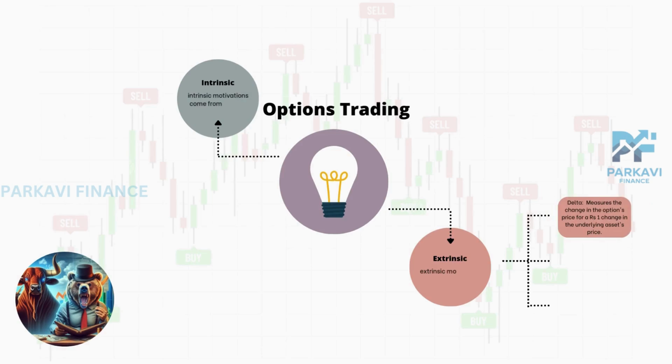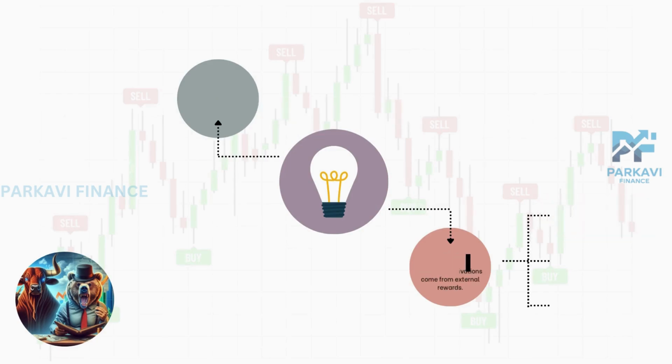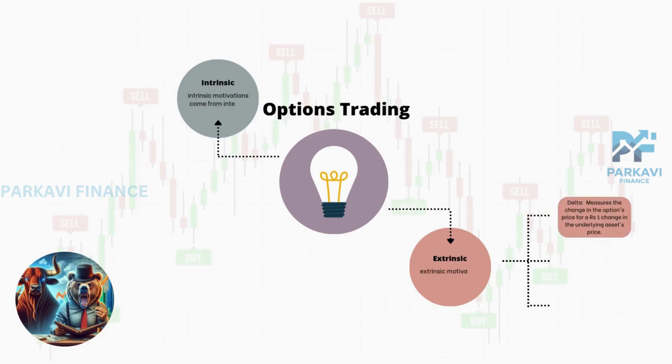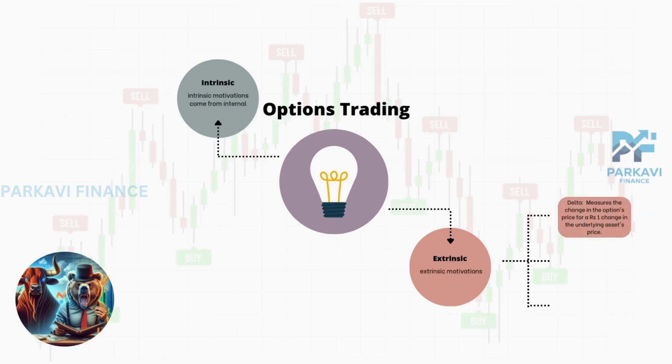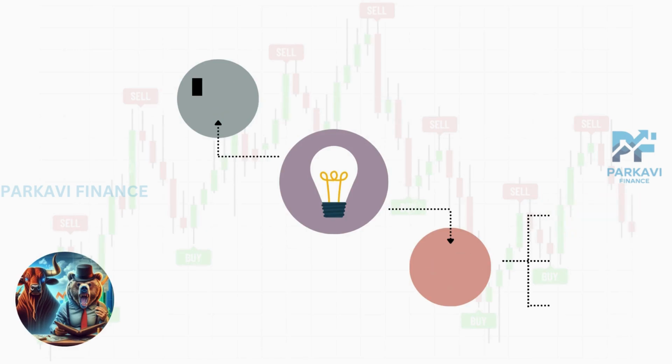For one example, if a Nifty call option has a delta of 0.5 and Nifty moves up by 1 rupee, what will happen? The option premium price will increase by 0.5. So delta drives the option premium, right?